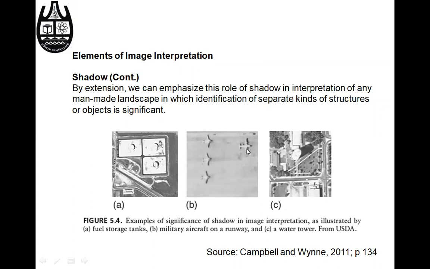So shadow helps you to identify the structures. Okay. In the third one, if you do not have this shadow, you cannot understand this is a large tower of water tank or something else. So it is a large tower one. So all these shadows can give you the understanding about the objects.